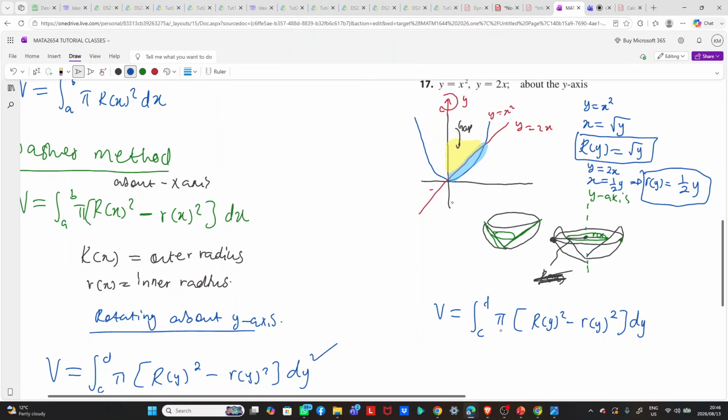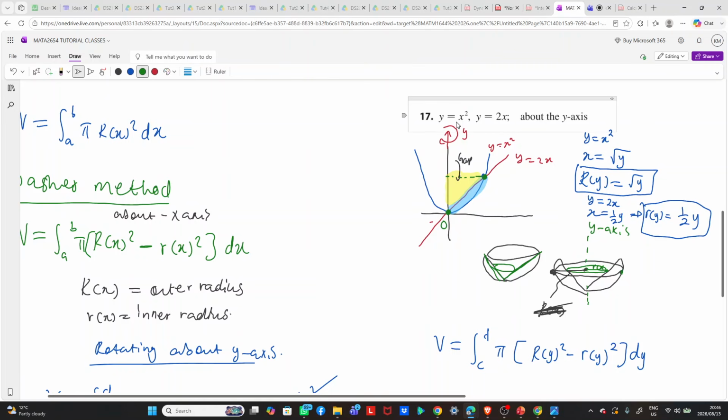Can we? Yes. The other thing that we will need is the bounds. Since we are going about the y-axis, we're going to need the values of y. We need the value from the intercept and the value there. The value there is going to be 0. Then the other value, how are you going to find that?